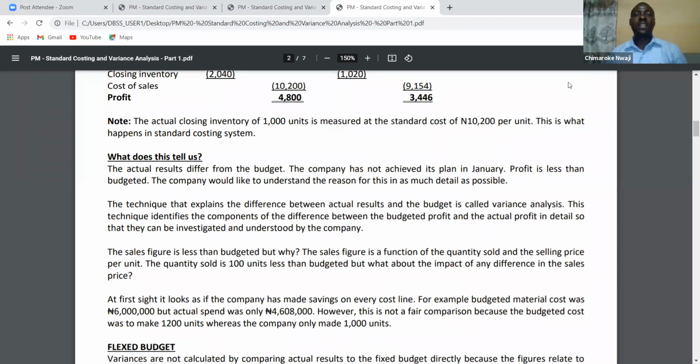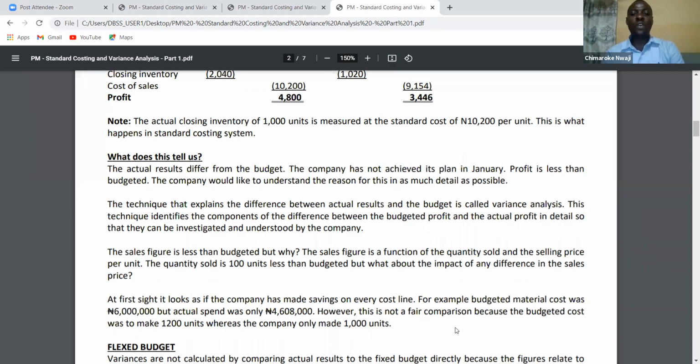So one, it's not fair to compare the revenue because the sales quantities are different. It's not fair to compare the cost variances here because the production quantities are different here. Okay, so what do we do?